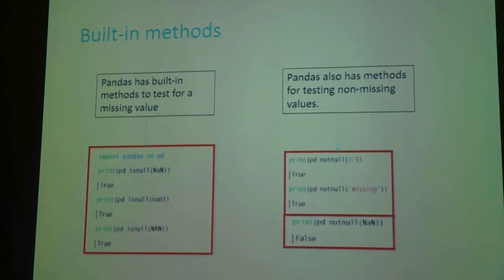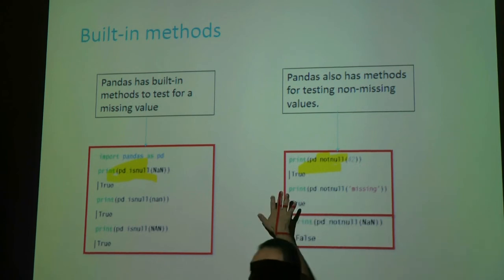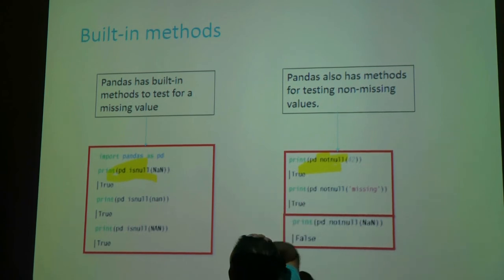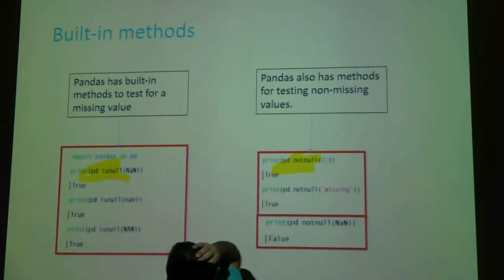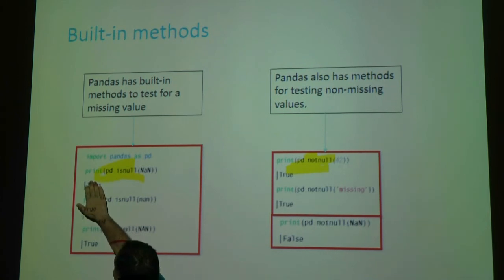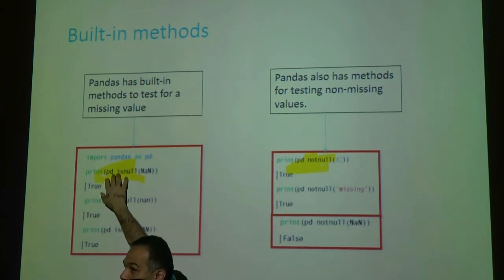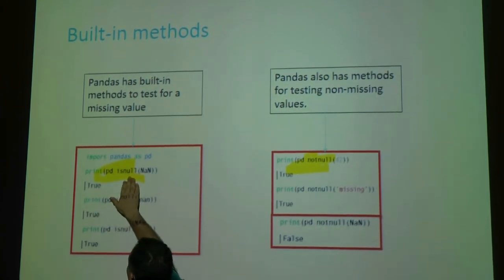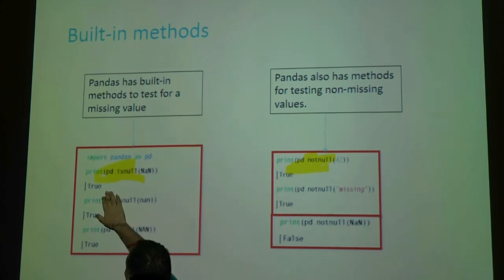There are two methods to check for NaN in your data: isnull, the first one, and notnull. Alright, I'm very sorry if it's not very clear. For example, PD is for Pandas, it's a function from Pandas, isnull of None, that's True.